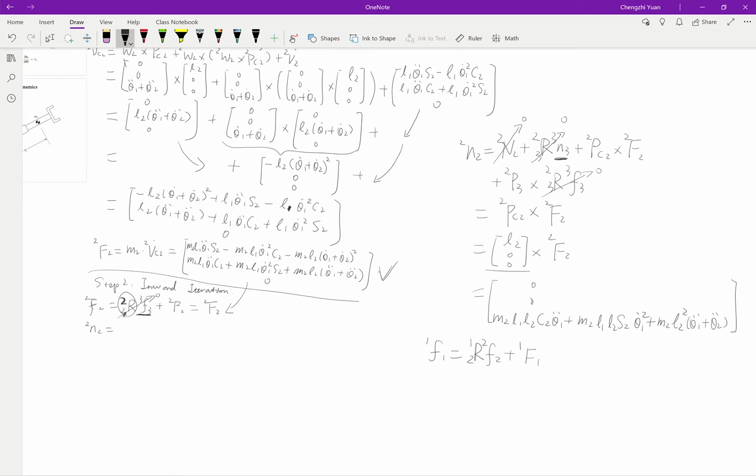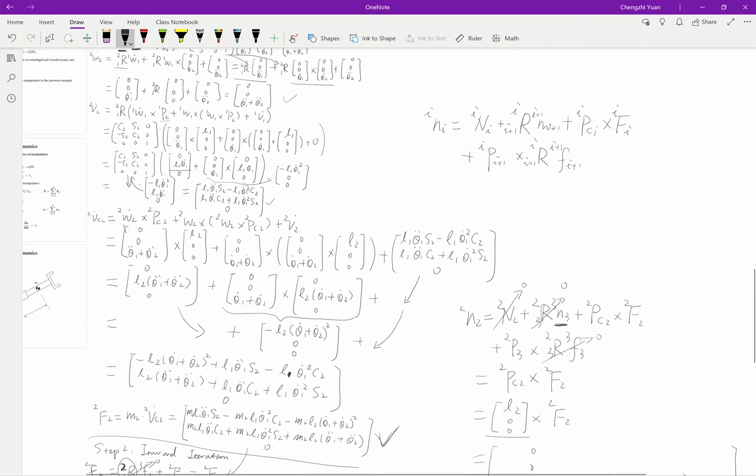In this case the rotation matrix R_2^1 from the kinematics information equals C2, negative S2, 0; S2, C2, 0; 0, 0, 1, times F_2^2. F_2^2 would be this vector, and then plus capital F_1^1.